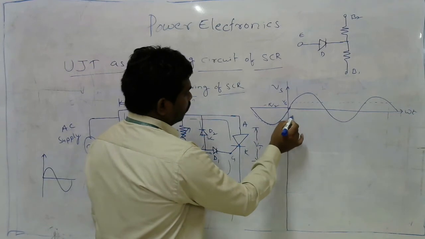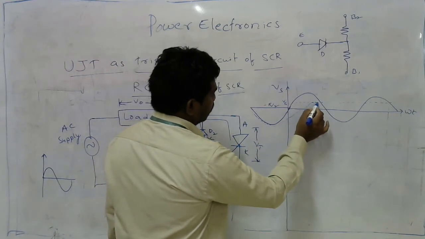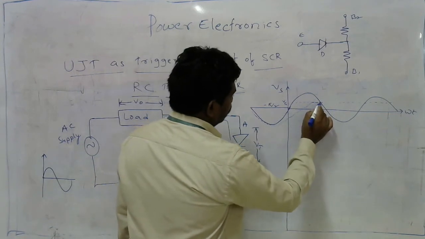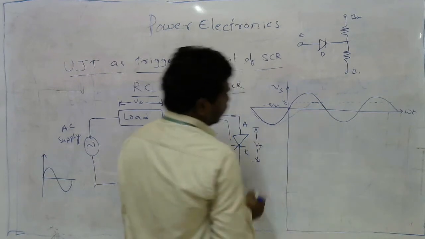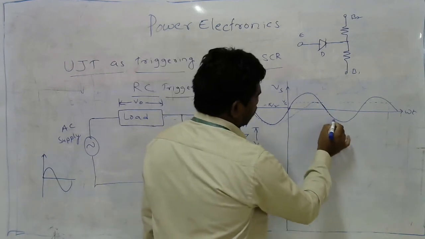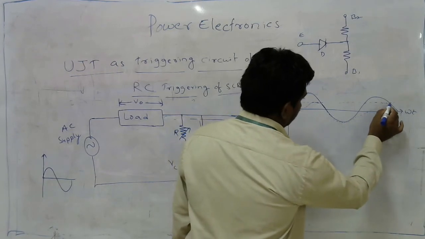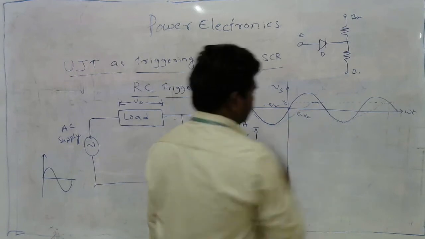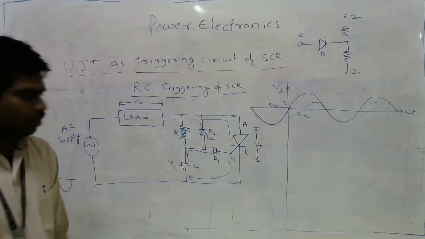Thereafter, it's going to increase like this, then coming to 0, then it's going to be charged in reverse direction again, providing like this. This is VC, the voltage across the capacitor, the charging voltage.